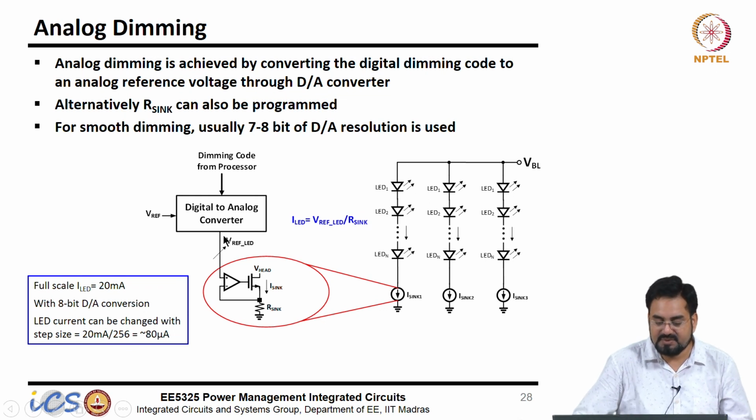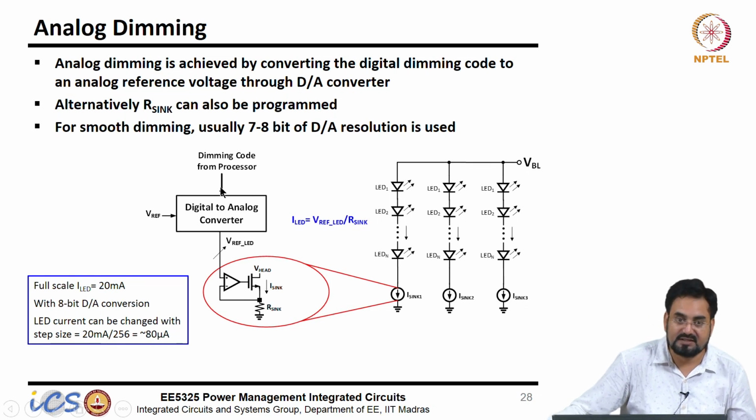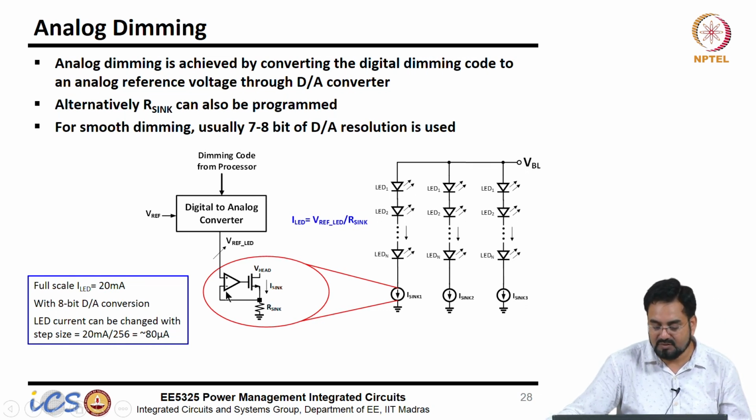It has to be digitally programmed because the command I am getting from the processor is binary. So the input has to be digital, but how you control the output, whether digital or analog, is a different thing.